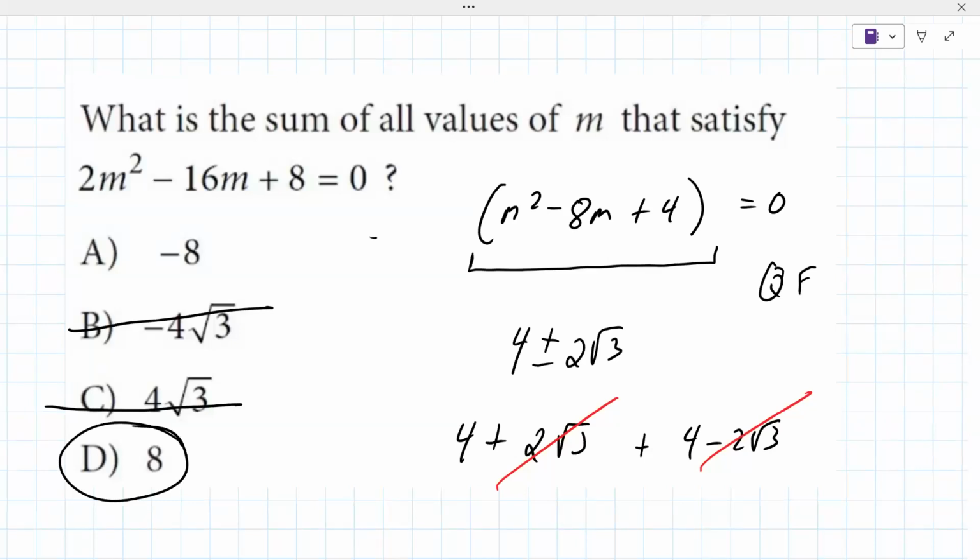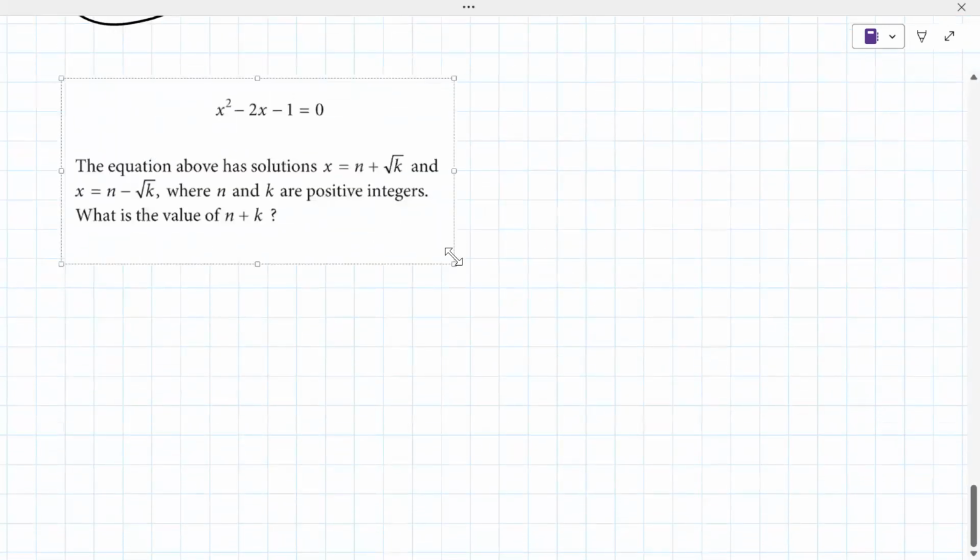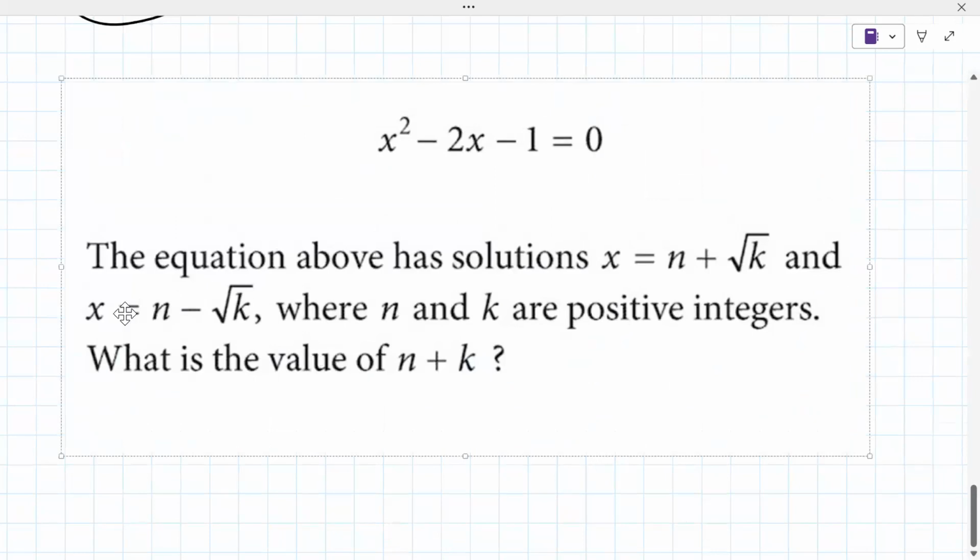Now there's kind of a variation on this question. We're really tackling square roots pretty hard here, but let's see if I can find it. Where is it? Yeah, so this one is another quadratic formula. It's like that one where it was, what was the value of K?